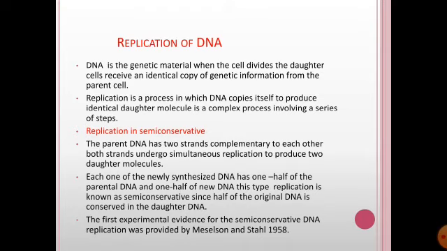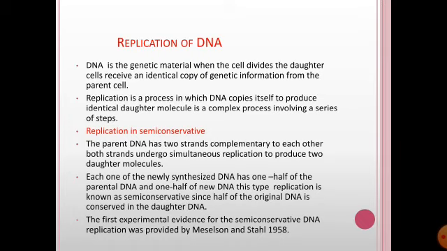They undergo replication simultaneously to produce two daughter molecules. Each newly synthesized DNA has one half of the parental DNA and one half of the new DNA, and this type of replication is known as semi-conservative.